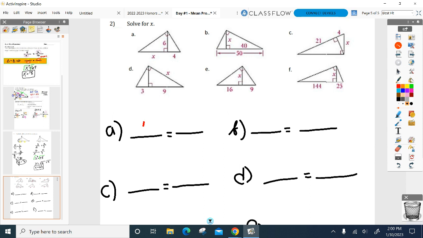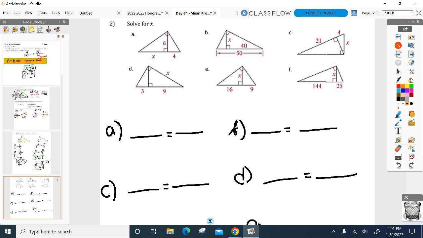4 over X is equal to X over 9. Am I on the right one? A? Your proportion for A? Where'd the 9 come from? Oh, I just wrote that apparently.